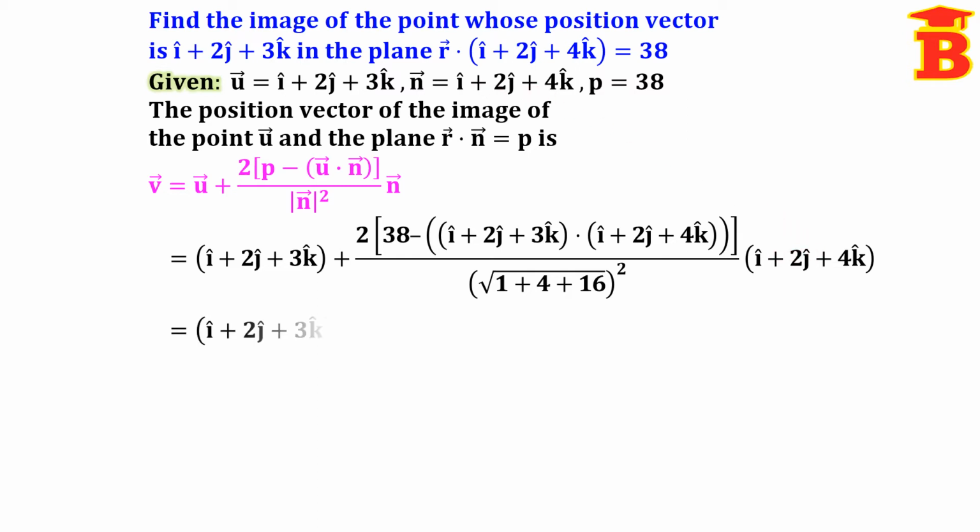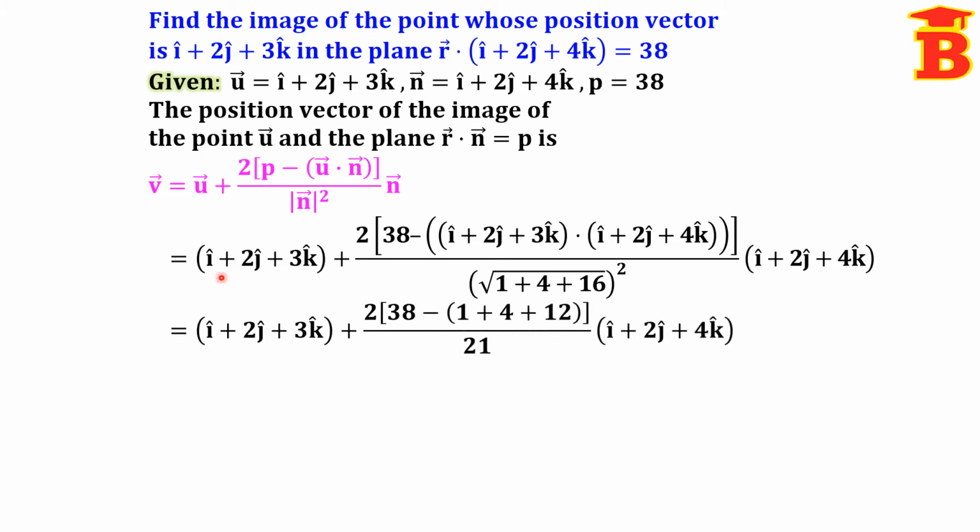Now this is equal to i plus 2j plus 3k plus 2 into 38 minus, taking dot product of this, 1 into 1 is 1, plus 2 into 2 is 4, plus 3 into 4 is 12, divided by, adding this we get root 21 whole square.